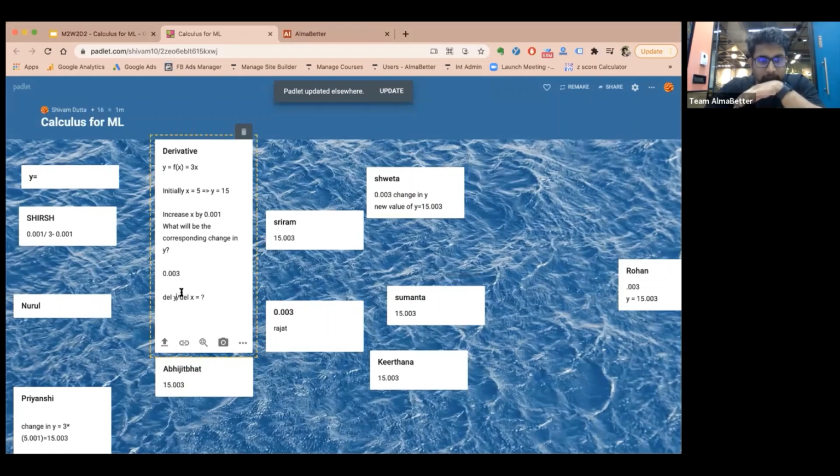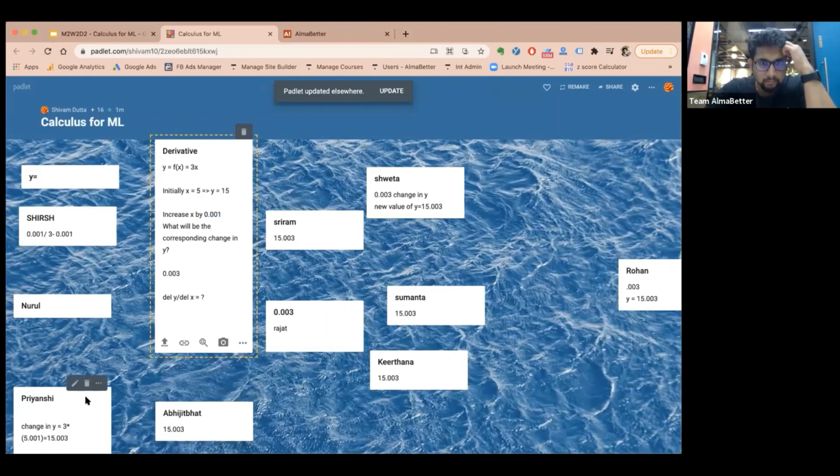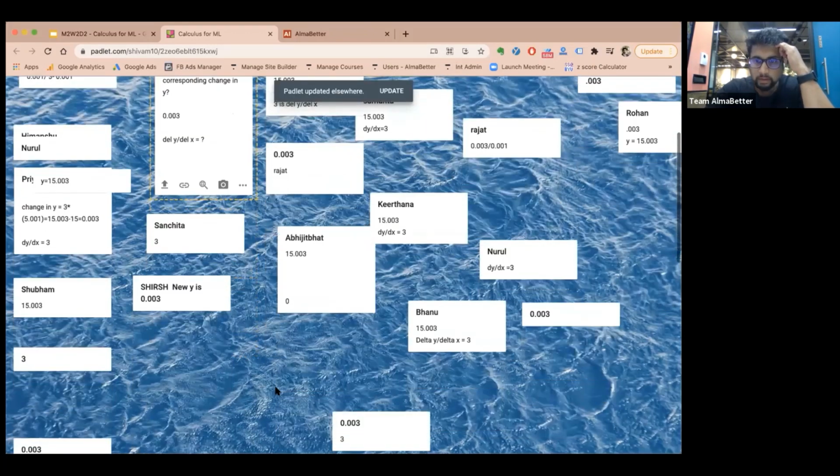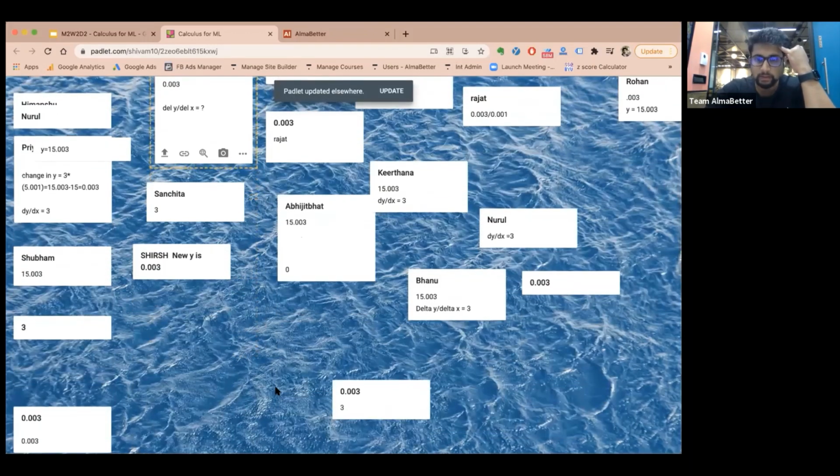Start writing. The change in y you found out, the change in x is this. If you divide, what number will you get? Okay, delta y by delta x is 3.